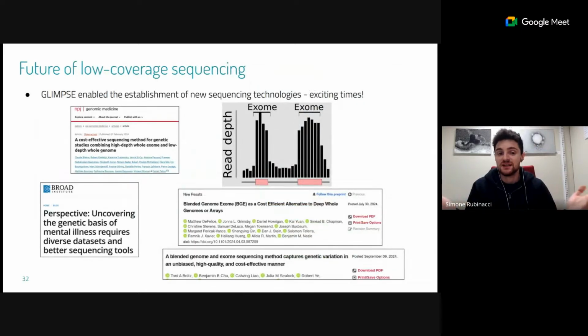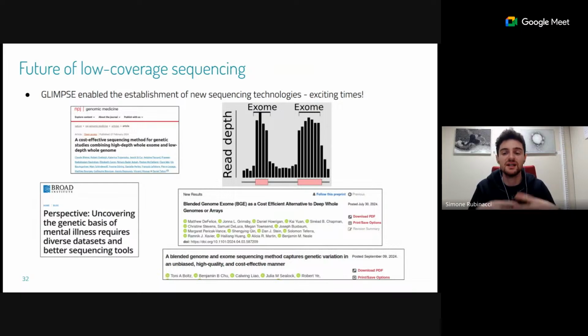So this has had quite a big impact, and these results have inspired the establishment of new technologies, such as blended genome exome at the Broad Institute, concentrating sequencing efforts on exome sequencing data, having high coverage in those regions because we are interested in rare variants and rare CNVs, and offering low coverage whole genome sequencing in the remaining part of the genome, but still using the same sequencing assay, for reducing the cost dramatically.